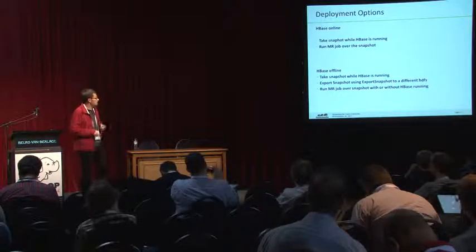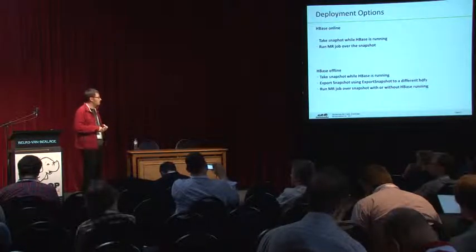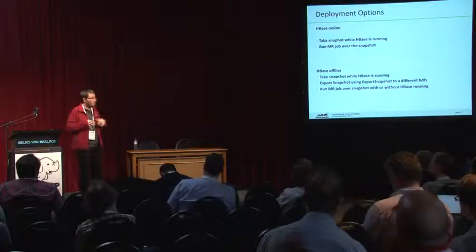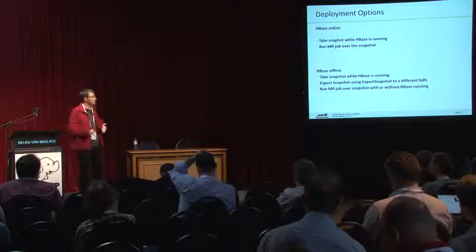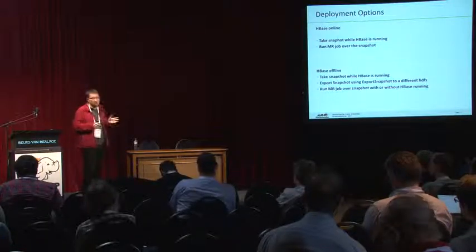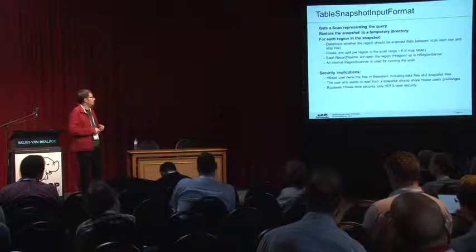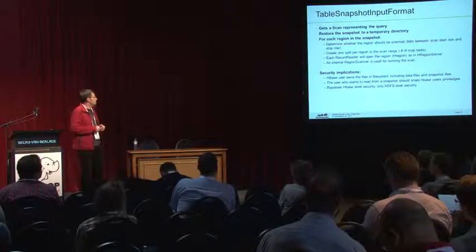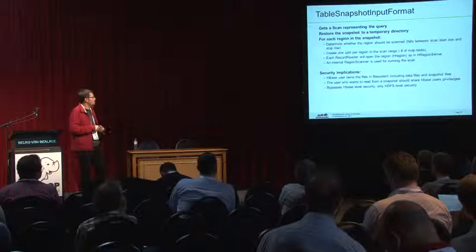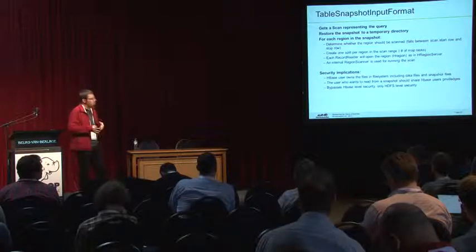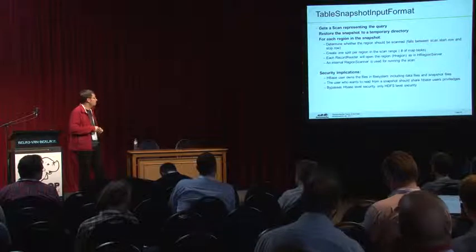This is, I think, a very good use case: if you're already running your MapReduce job in a different cluster than HBase, then exporting the snapshot and running the scans over there is a good idea. Okay. So the table snapshot input format gets a scan representing the query and restores the snapshot to a temporary directory. Restoring is just copying some symbolic links, so it's a cheap operation.